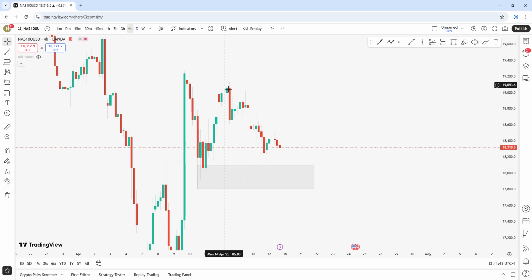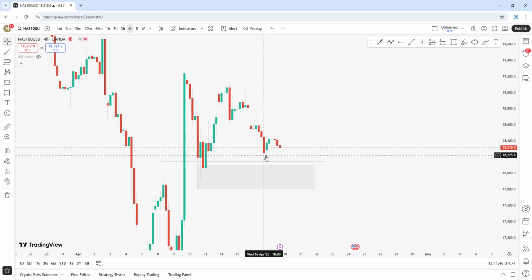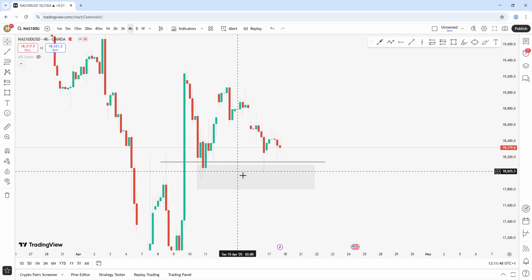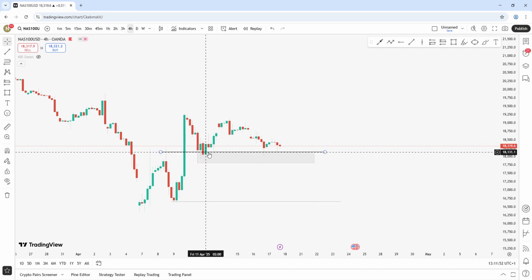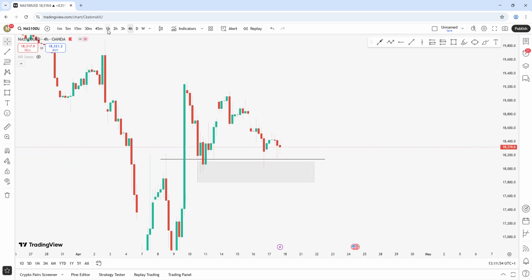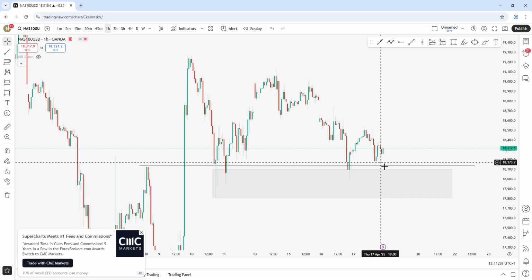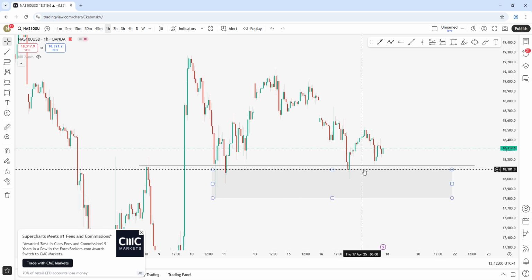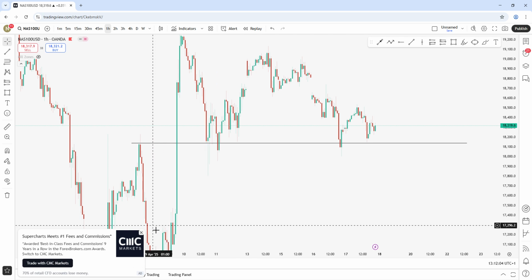Even though it failed to make a new high or break the previous high, it's also failing to break the previous low. So we're still on an uptrend since it hasn't broken the previous low. If you look at 1 hour, look at support. It hasn't had a closure, which is what I'm looking for. Even on a wick, it hasn't. Look, the wick is all over here.